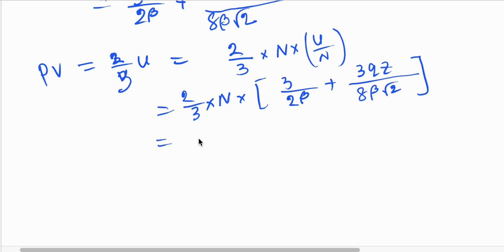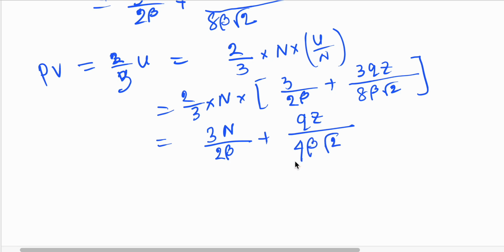So that means 3n by 2 beta plus qz by 4 beta root 2. So that's it, pv is equal to that.